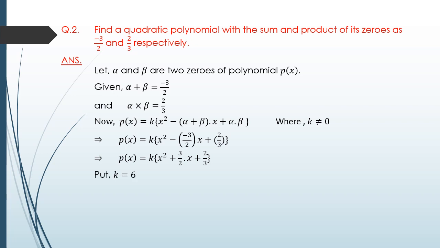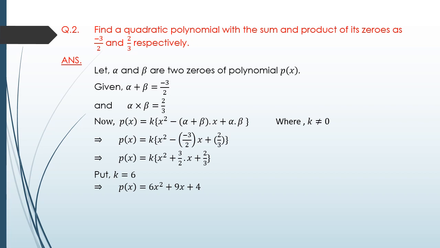So if you put k equal to 6, then this polynomial will multiply by 6 to all the terms. Okay, so 6x square, 6 multiplied by 3 by 2 is nothing but 9. So 9x, and 6 multiplied by 2 by 3 is 4. So by putting k is equal to 6 in the above statement, we can get given polynomial as p of x is equal to 6x squared plus 9x plus 4.